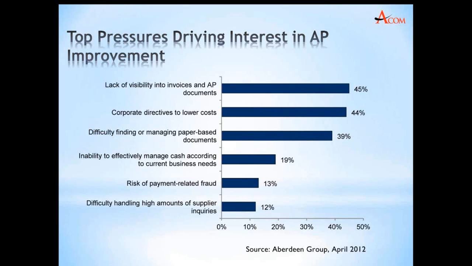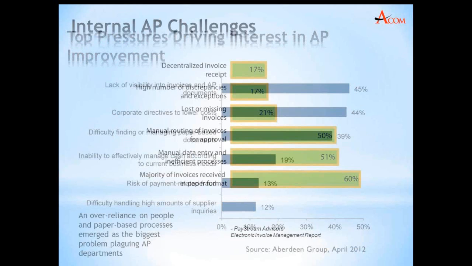Essentially, you can see that the top pressures here are that there needs to be more visibility of where an invoice is as it is going through its approval cycle. There needs to be a way to reduce the cost, and since almost everybody's invoices are paper-based, the question becomes, how do you find the paper when you need to? So those are some of the reasons why there are external pressures on an AP department to improve the way that they're processing invoices.